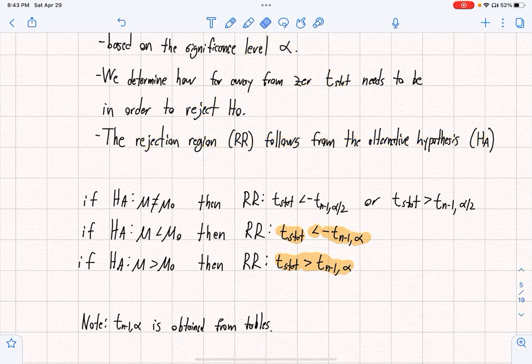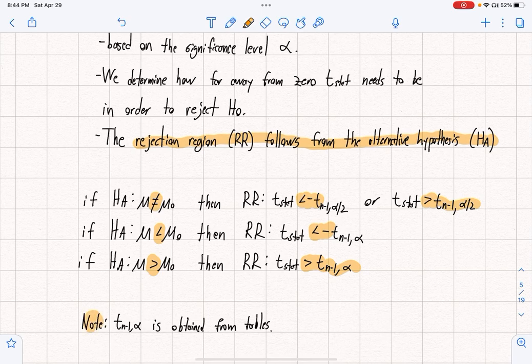Whenever I say the rejection region follows from the alternative hypothesis, I'm just saying if this is less than, then this is going to be less than a negative. If this is greater than, then this will be greater than a positive. And if it's two-sided, it could be less than a negative or greater than a positive.